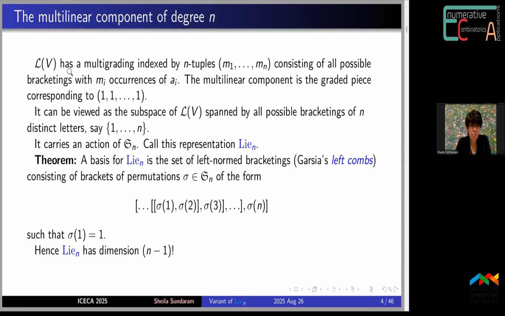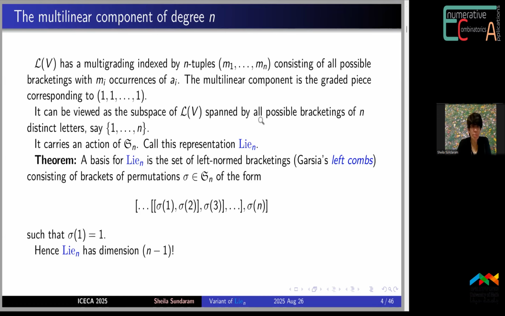So this free Lie algebra has a multi-grading, but the piece of the free Lie algebra I'm interested in is the multilinear component, so the graded piece corresponding to all ones, which you can think of as the subspace spanned by all possible bracketings of n distinct letters that, of course, we're going to take to be 1 through n. It carries an Sn action, so this is the symmetric group Sn, and I'm going to call this representation Lie subscript n. Right, so the classical Lie, you'll see, I will try to always write in blue.